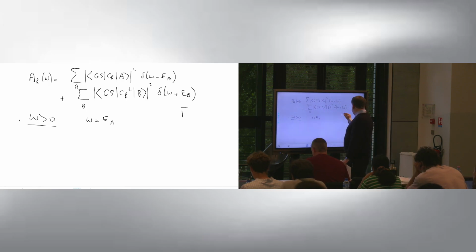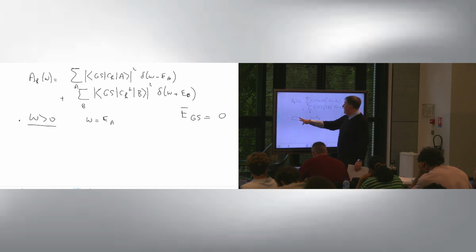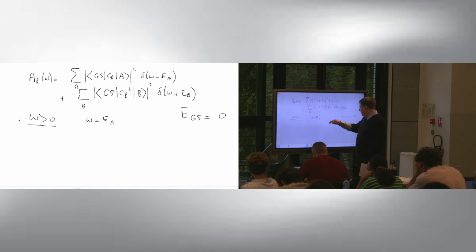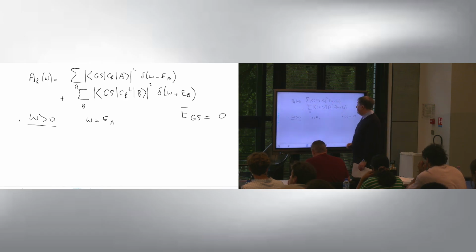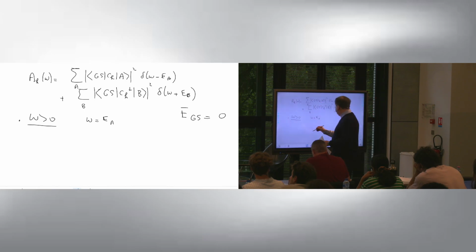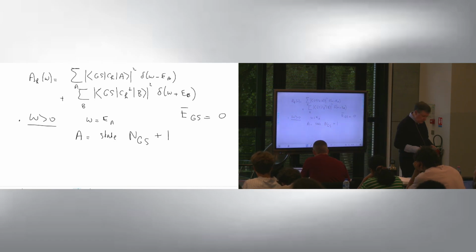I forgot to tell you that I took the convention that the ground state energy is 0. So when we have omega bigger than 0, only the first term will contribute. Omega equals E_A is positive, which means that A is a state with the number of particles in the ground state plus 1. So you're going to have a particle excitation.